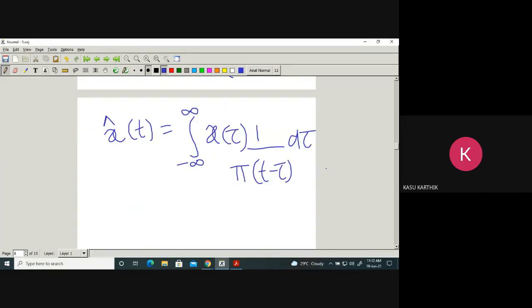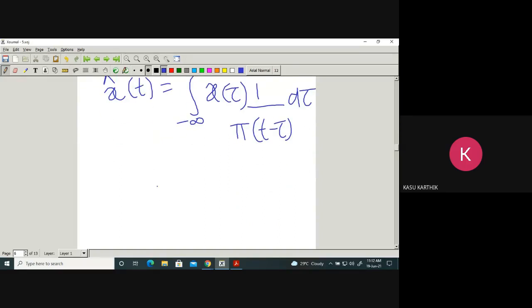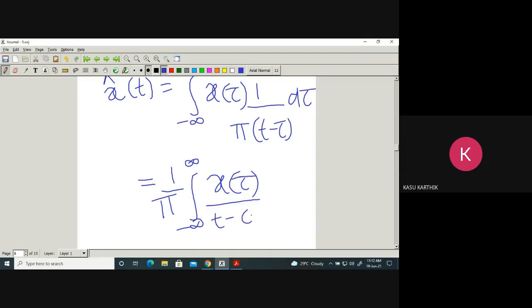You can further write this as 1 by pi outside, 1 by pi integral from minus to plus infinity x of tau by t minus tau d tau. This is the final formula of the Hilbert transform.